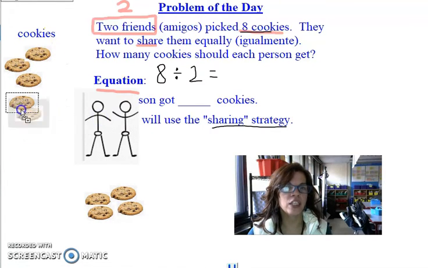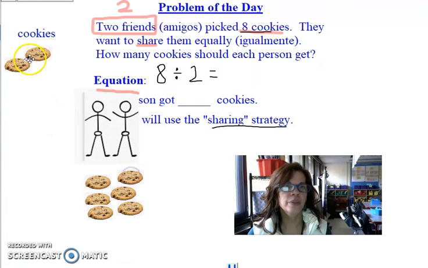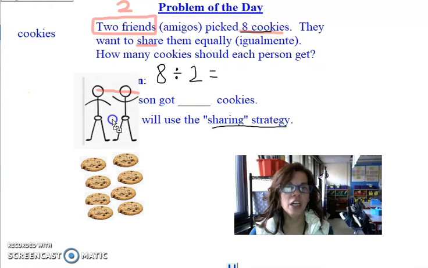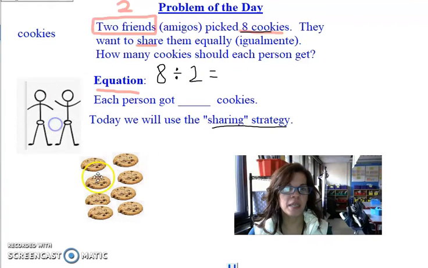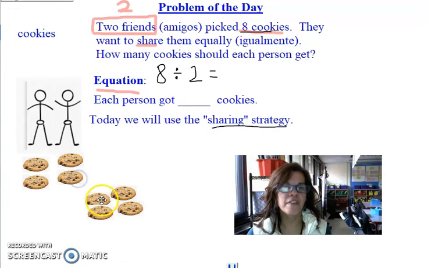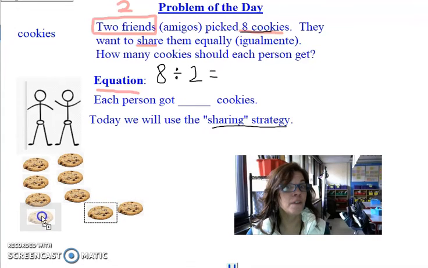Let's find out what each person gets. 1 for you. 1 for you. 1 for you, and we keep going until we run out of cookies. So if you look, we have our 2 people, and our 2 people have their fair share. Fair share means that they are sharing them in a fair way.